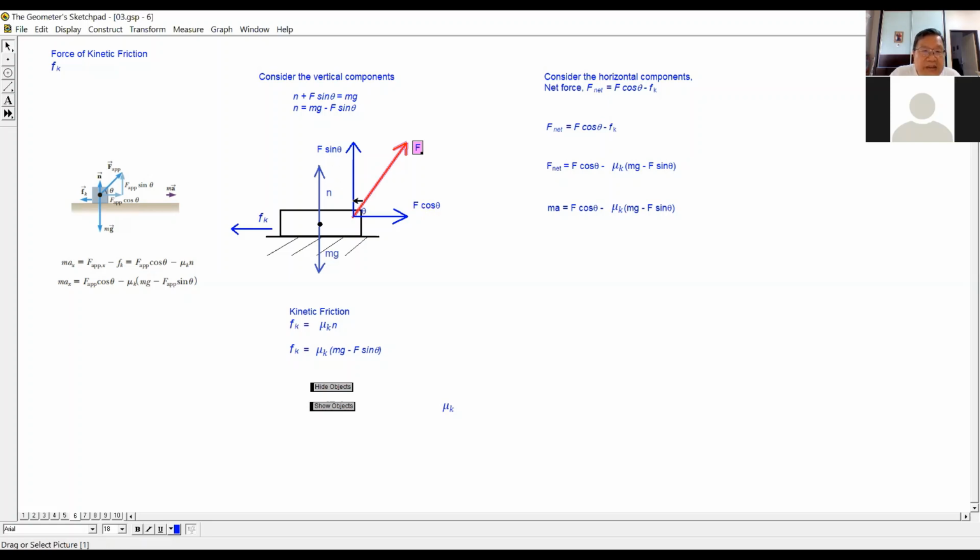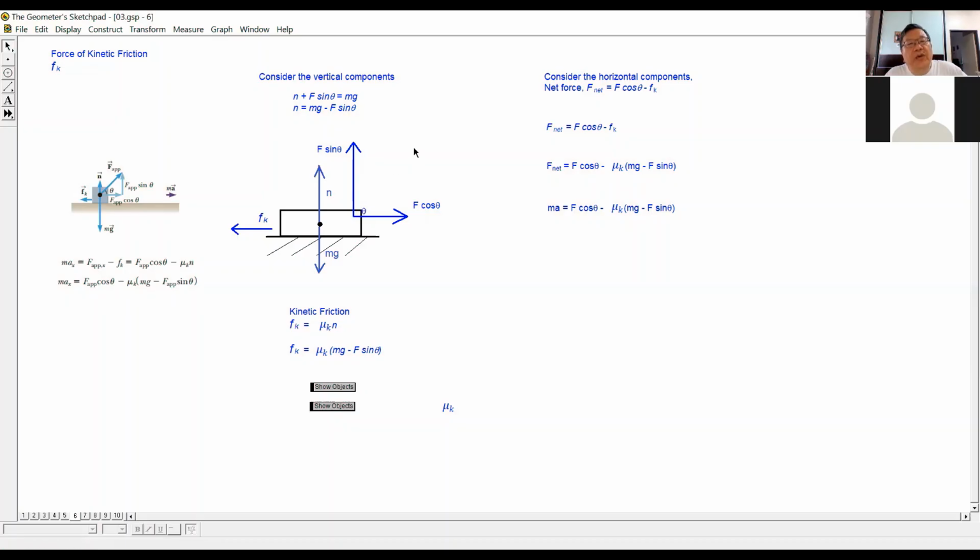The component away from the angle is F sine theta. So I'm going to resolve the red arrow into the two blue arrows. As a result, we don't look at the red arrow anymore. We look at the blue arrows.